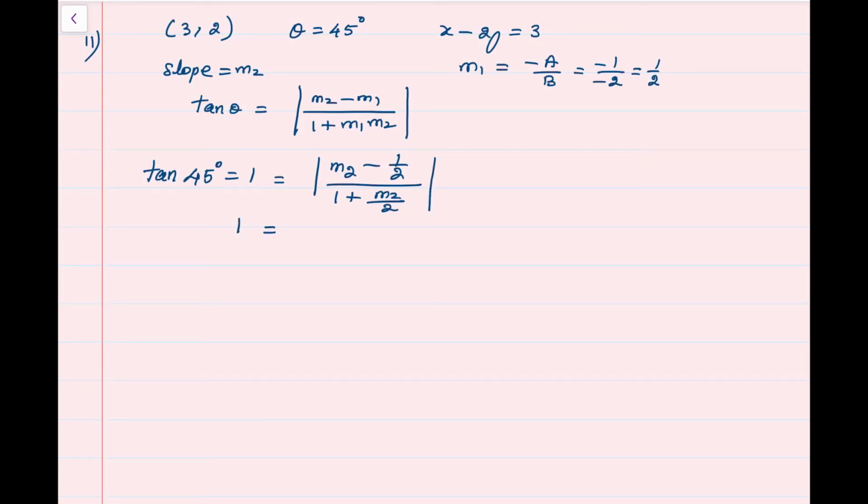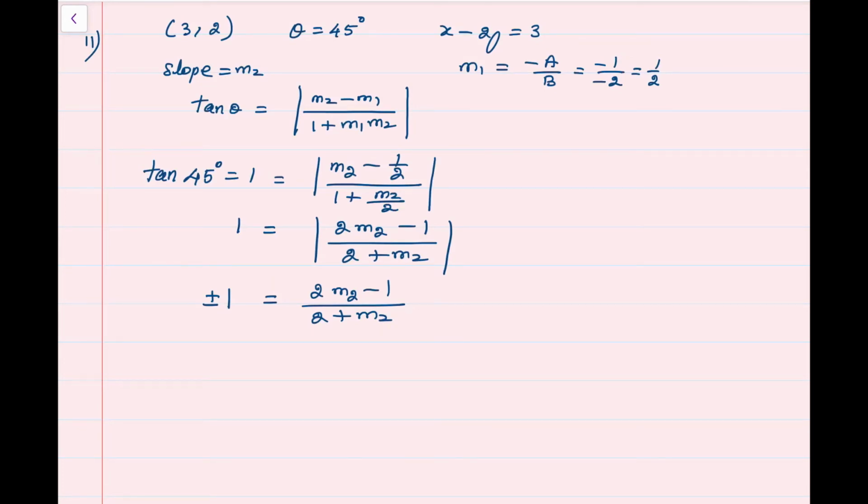Tan 45 degrees is 1, which is equal to m2 minus m1 divided by 1 plus m1 m2. 1 is equal to, we will take LCM, 2m2 minus 1 divided by 2 plus m2. LCMs will get cancelled. Now to remove the absolute value sign, we will write plus or minus on the left hand side. We have two equations to solve.